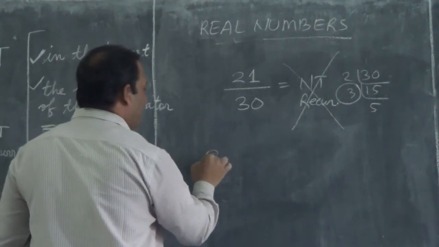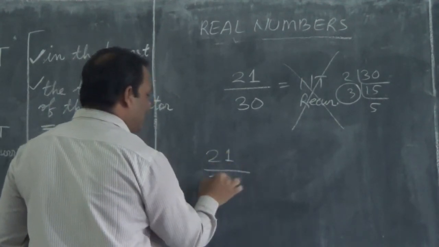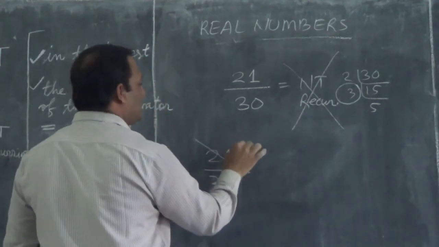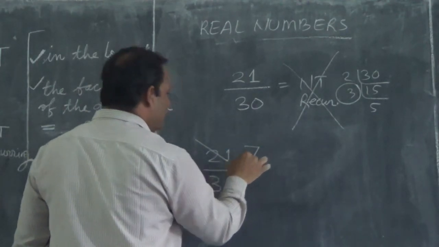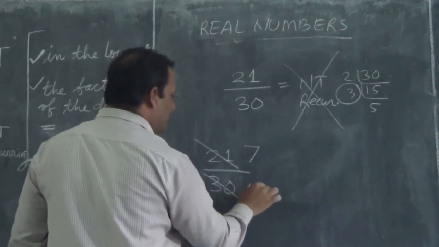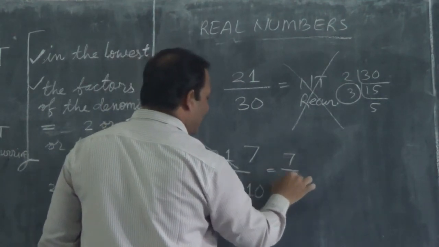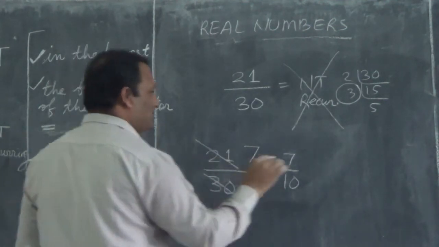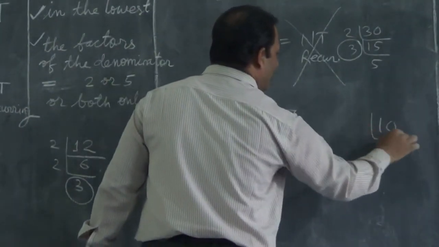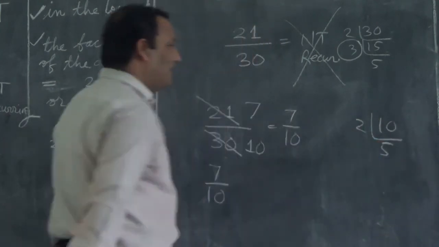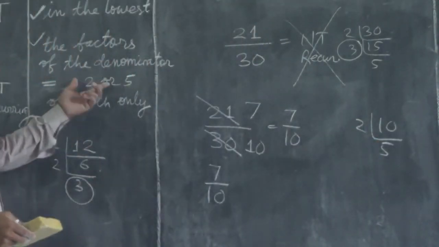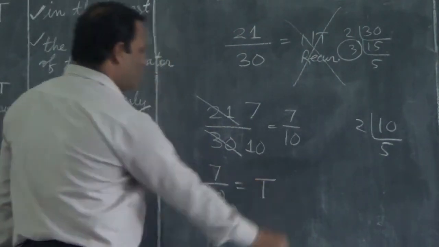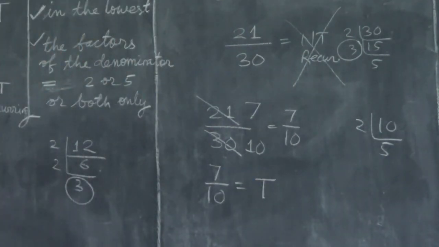I will say, children, 21 by 30 is not in the lowest term. You have to reduce it to lowest term. 3 7s are 21 and 3 10s are 30, and the answer is 7 by 10. Now when it is in the lowest term, that time you apply the rule. Here there are only 2 and 5, so it will give only a terminating decimal.